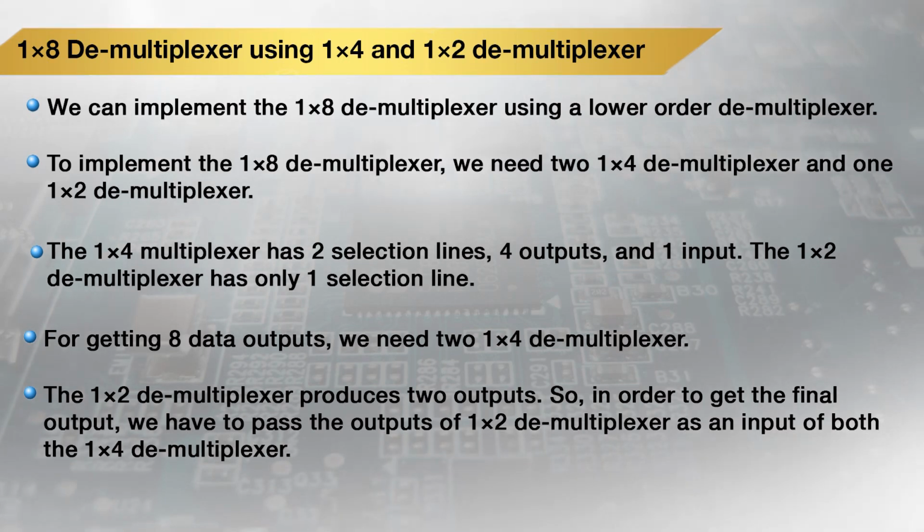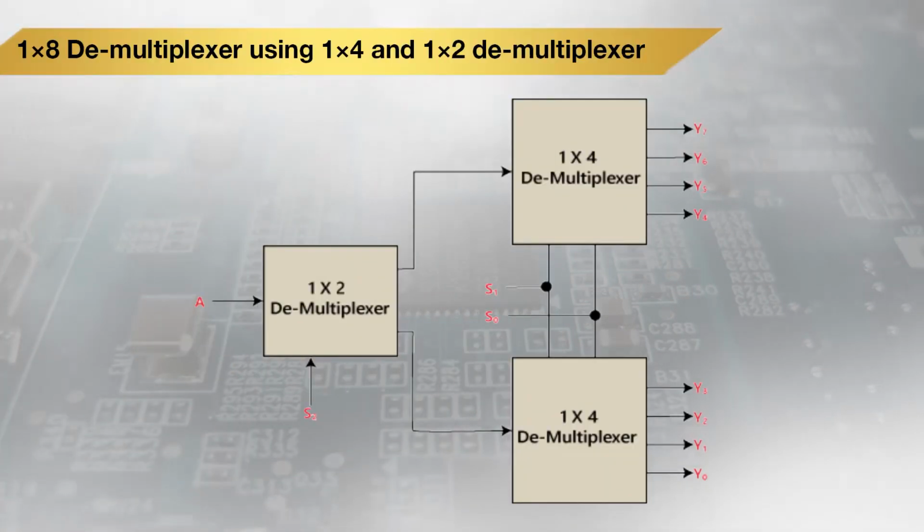For getting 8 data outputs, we require two 1x4 demultiplexers and one 1x2 demultiplexer to produce two outputs. In order to get the final output, we will pass the output of the 1x2 demultiplexer as input of both the 1x4 demultiplexers. So this is the diagram for a 1x8 demultiplexer using 1x4 and 1x2 demux.